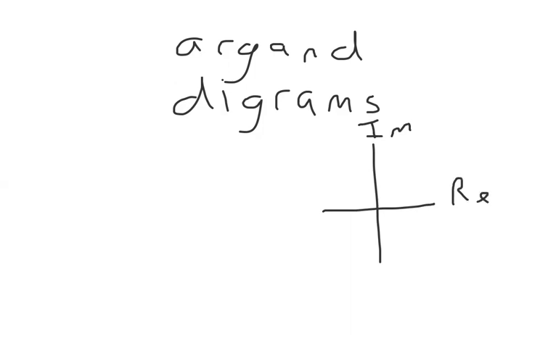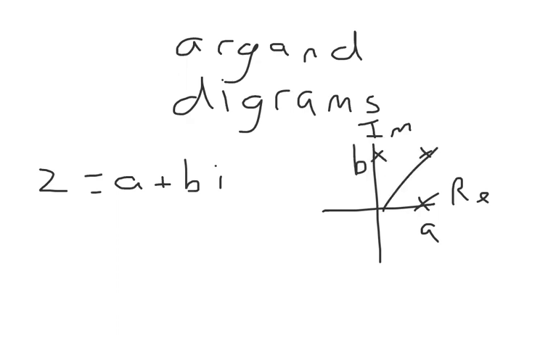And if we have the equation z equals a plus bi, a would be plotted on the real, so this would be a, and bi would be on the imaginary, so that would be b, and then we'd have a straight line, and that is a plus bi. We can find out the angle here, we can find out the length of that line, and we do lots of cool stuff with that.